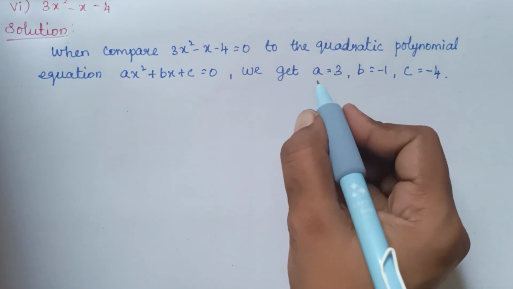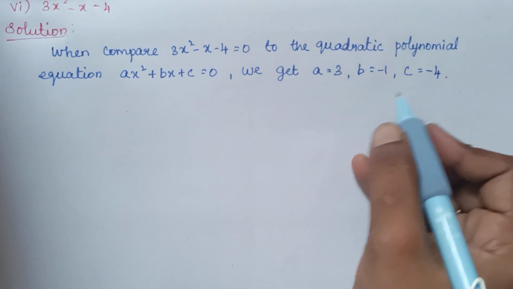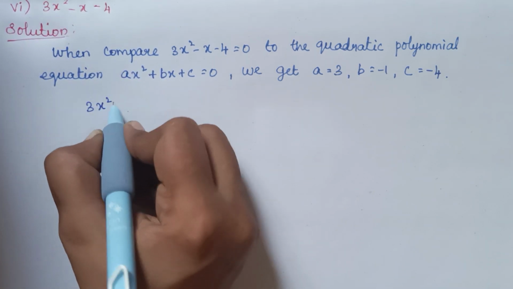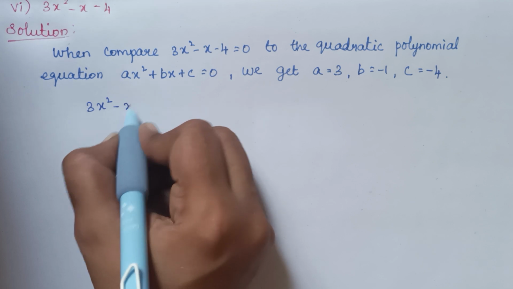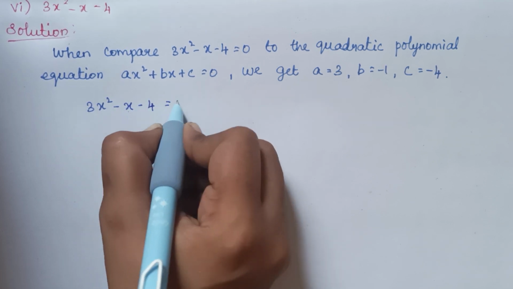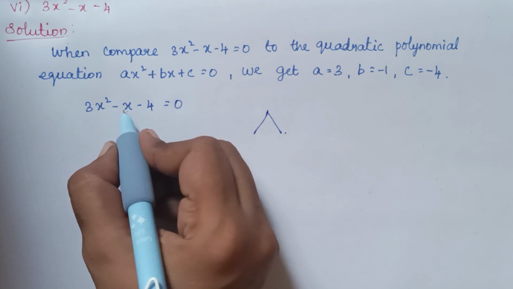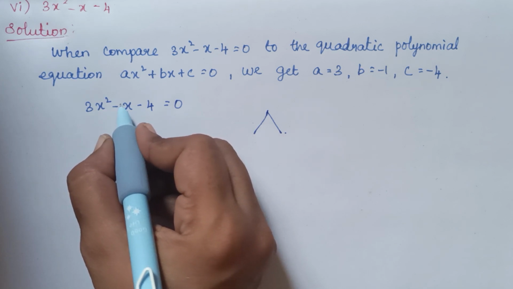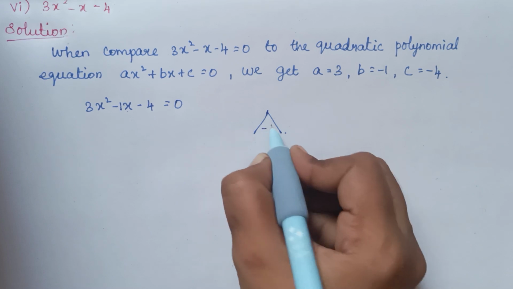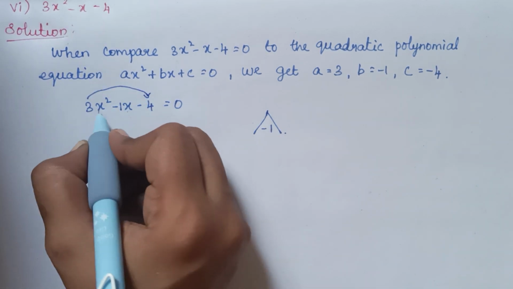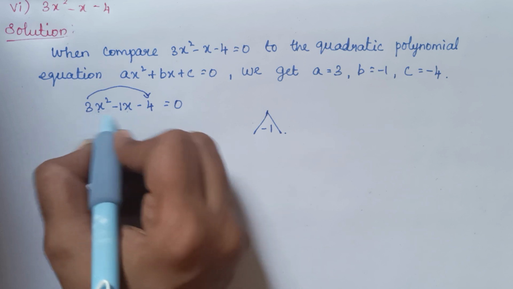Okay, we found the a value, b value and c value. Now simplify this given equation. So 3x square minus x minus 4 is equal to 0. Now take the factors. So the center number, if nothing is there, we can consider here as a 1. So minus 1. Then multiply these two numbers, the coefficient of x square and the constant term. 3 4s are 12.